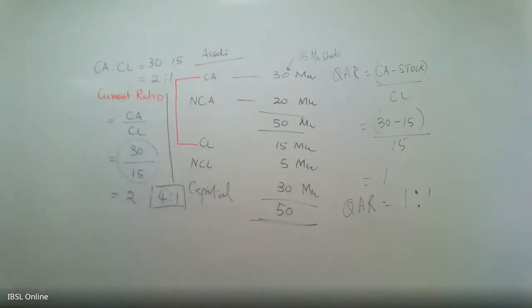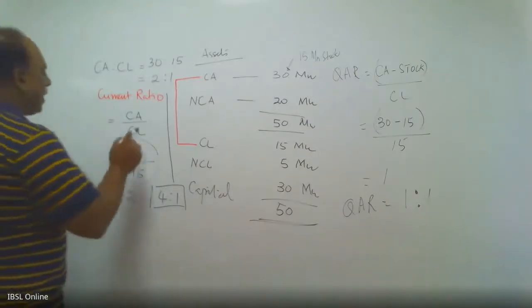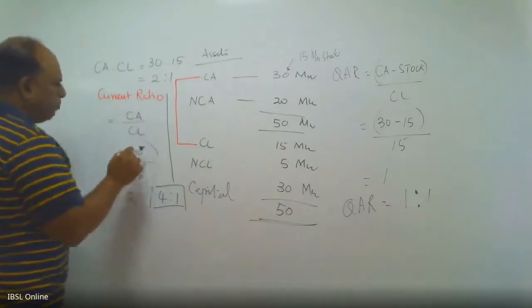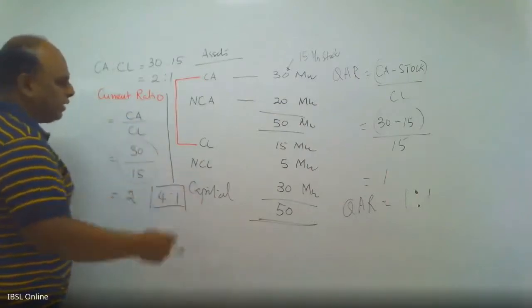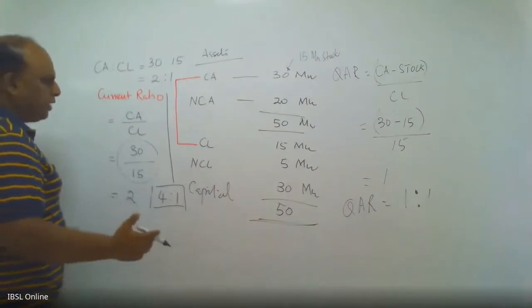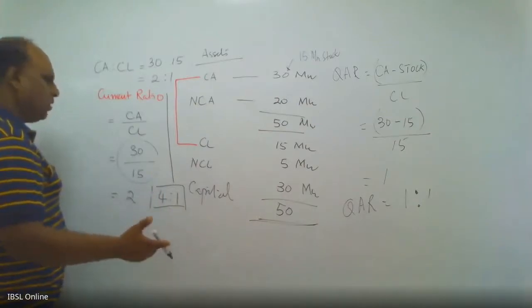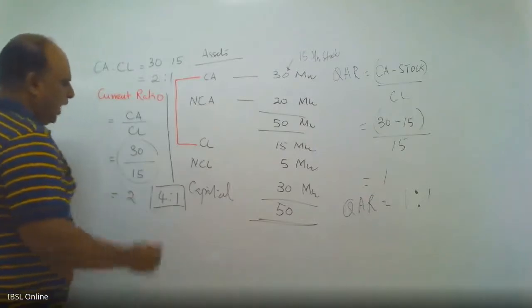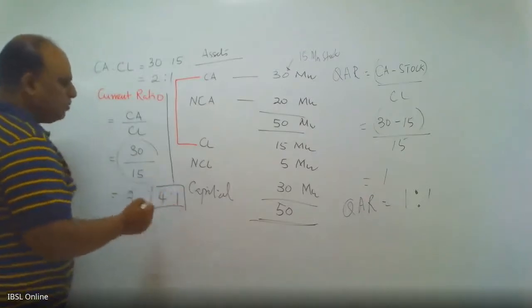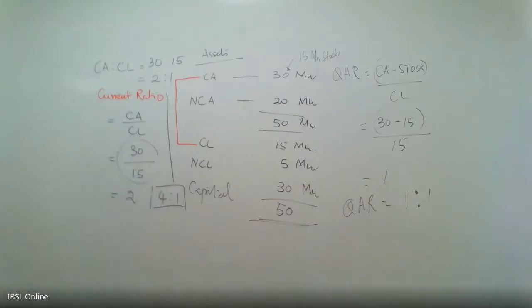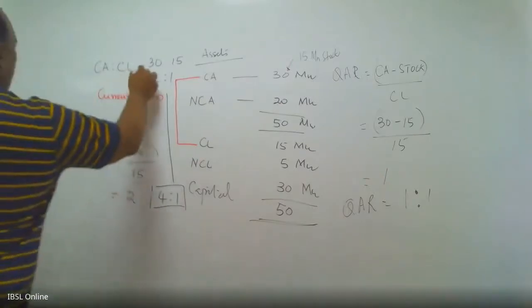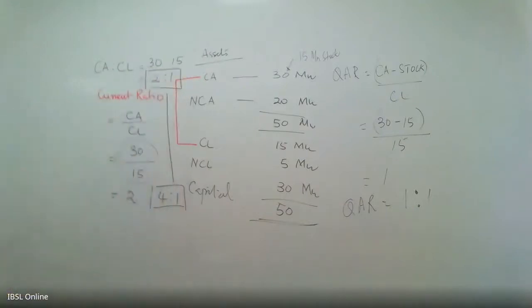But the problem is what? When you have too many current assets, you are not going to earn anything. What do you mean by current assets? Your cash, short-term investments, likewise. So having a higher ratio doesn't mean that you are very good. No. The understanding should be that the ideal ratio should be 2:1 for a trading business.